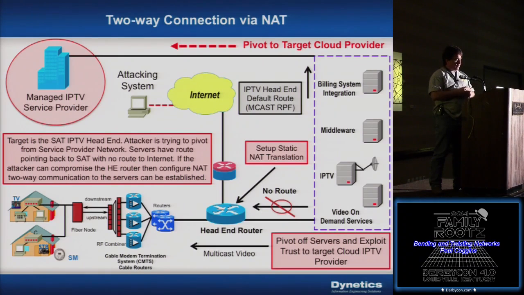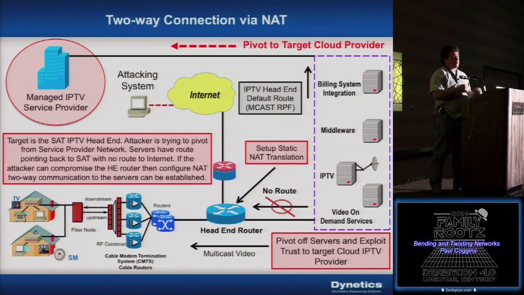And in this case, this network infrastructure on the right, this data center, has, and this is a security feature, its default routes headed back north toward the source of the multicast video. But what you see in the center of the screen in this particular engagement, we hacked the router, and we know that there's all this infrastructure behind that router in this data center, but we can't get a two-way connection.